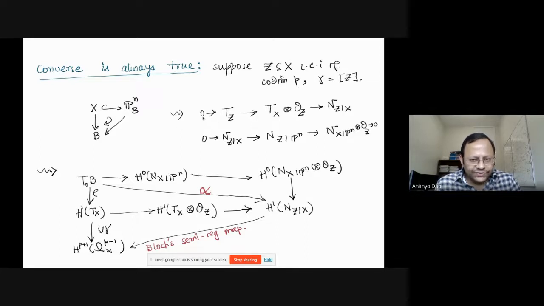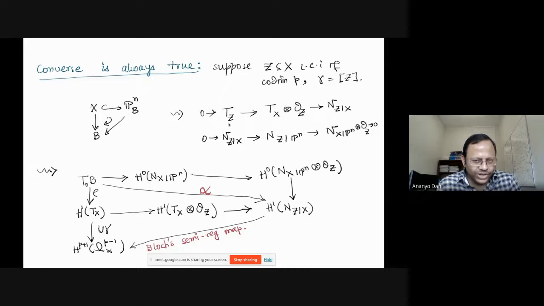You also have the following exact sequence. So the first exact sequence is going to be really surjective on the right if Z is reduced, or if Z is a manifold. Otherwise, you really cannot say that this is surjective, but we do not need it to be surjective.